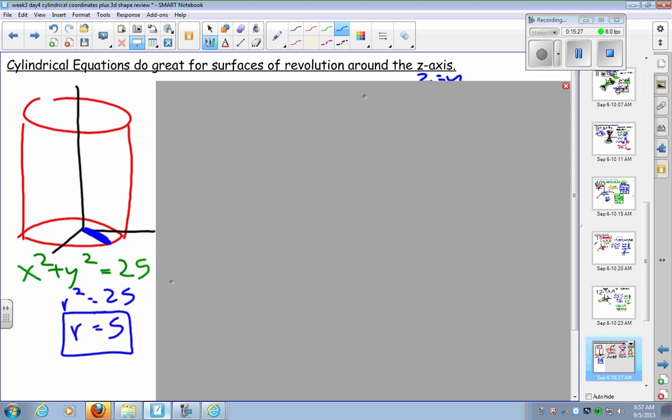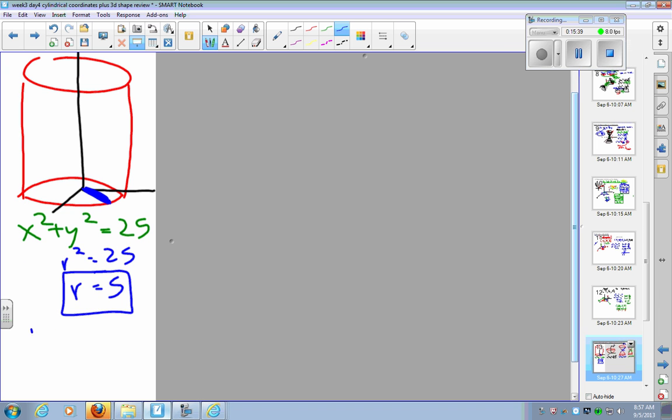R equals 5 in Calc 3 gives you that cylinder, okay? Because I do not restrict at all the theta, and I do not restrict at all the z. So no restrictions on theta or z, meaning theta can rotate as much as it wants between 0 and 2 pi or more, and z means you can go forever up or forever down. That builds that whole cylinder, okay?